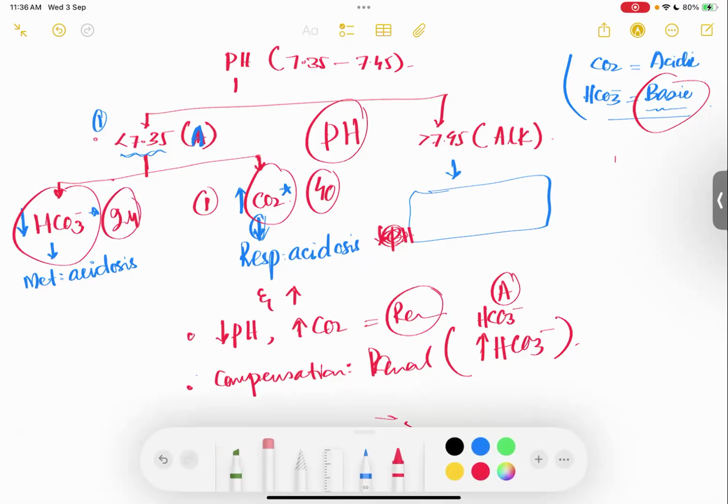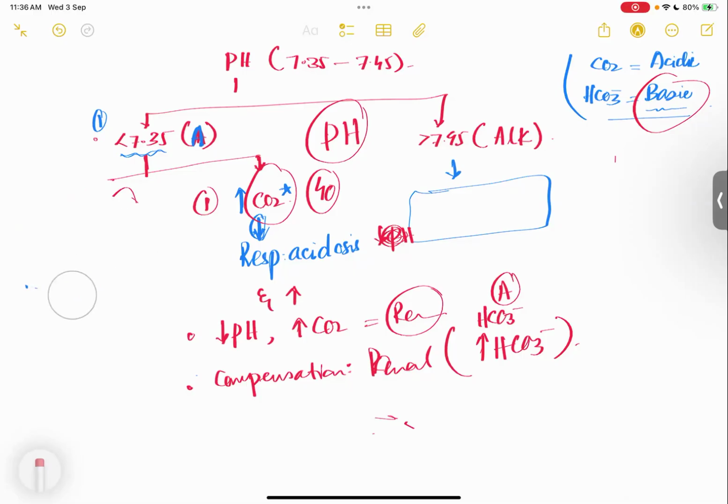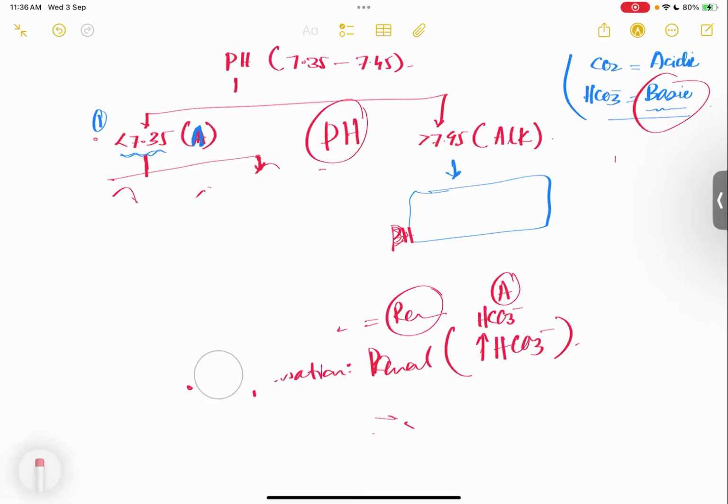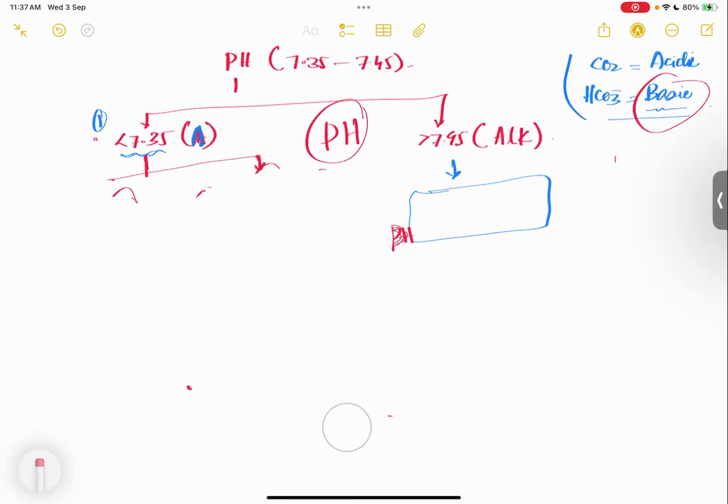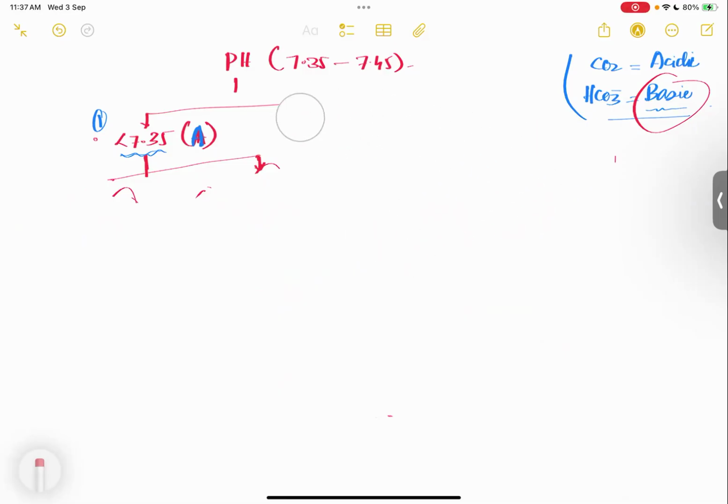We will discuss the compensation in great detail, don't worry. You will get the mixed type of acidosis, alkalosis from the compensation discussion. So what is anion gap?